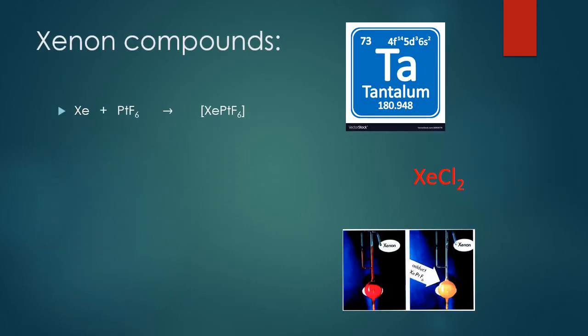Xenon reacts with platinum hexafluoride and gives an orange yellow solid, XePtF6. So a xenon platinum fluoride complex is obtained. Likewise, when xenon difluoride is treated with antimony pentafluoride, SbF5, it gets converted into an addition compound, XeF2.SbF5.